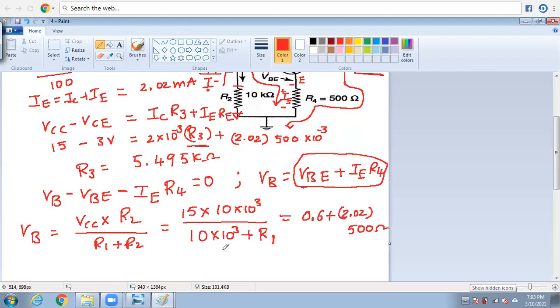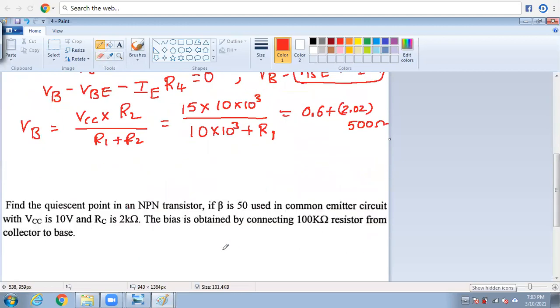Once you do all the mathematical calculation, finally we get R1 equal to 83.17 kilo ohms. Just do some cross multiplication, we get final R1 equal to 83.1 kilo ohms.